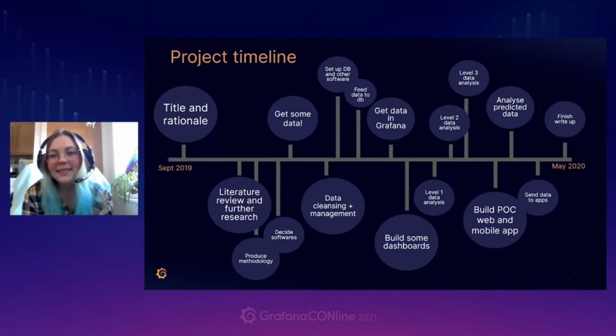Once that was completed and we had our predictions, it was time to build and polish up our proof of concept web mobile app and put in the data from our Grafana into a consumable way for the end user to access it.